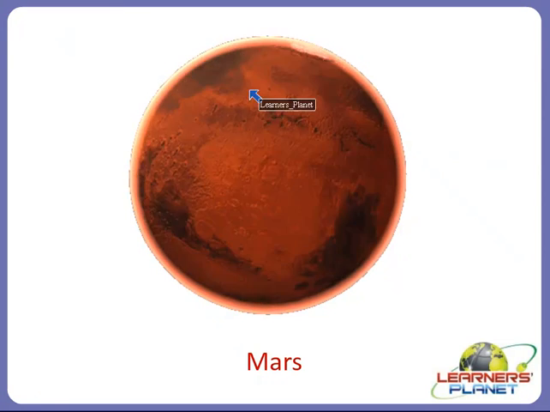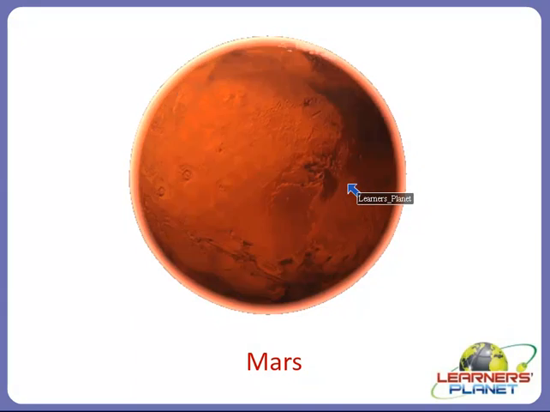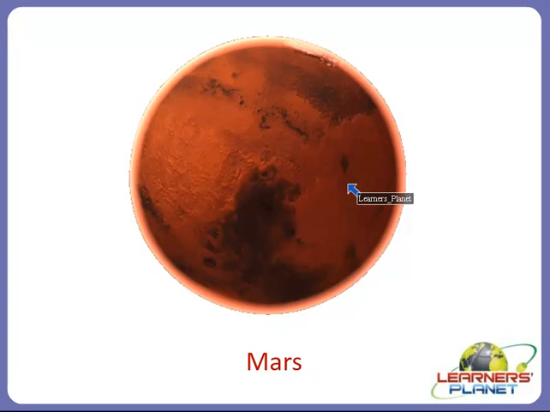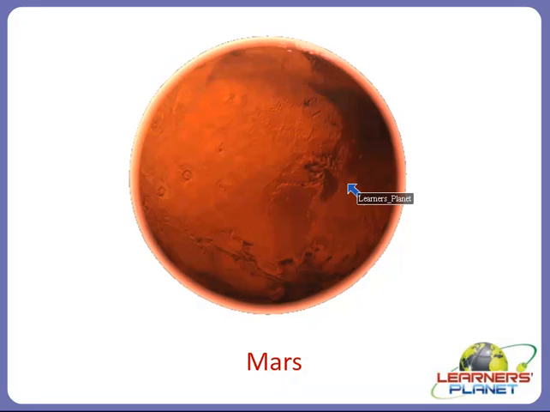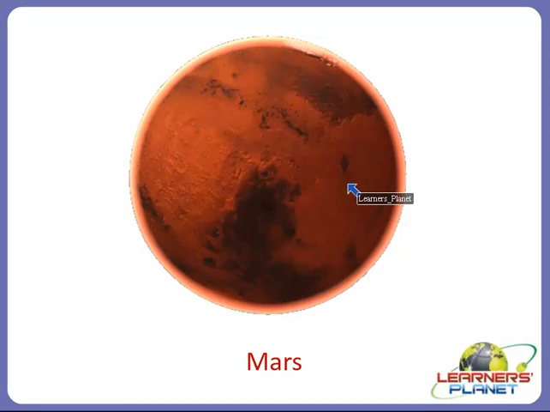Now see the picture of Mars, how it appears. It appears red in color. You will be very amazed to know that the distance between Mars and the Sun is much greater than that of the Earth. Even though Mars is smaller in size than the Earth, the distance between Mars and the Sun is greater than the Earth's distance.